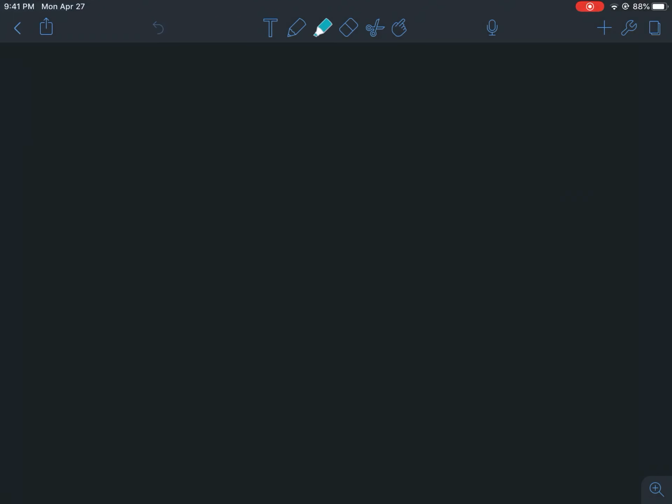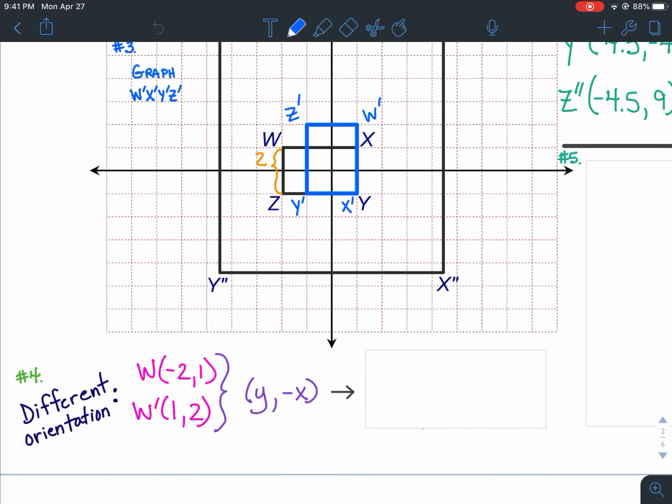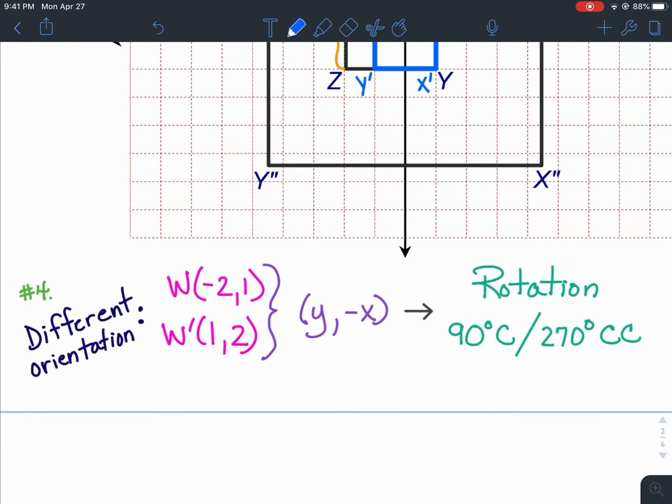And if I go back to my figure, we did say that it went that direction, 90 degrees clockwise. So, besides a dilation, there was a rotation of 90 degrees clockwise, which is the same as 270 degrees counterclockwise. Take a moment, pause your video, and get all of step 4 written down.